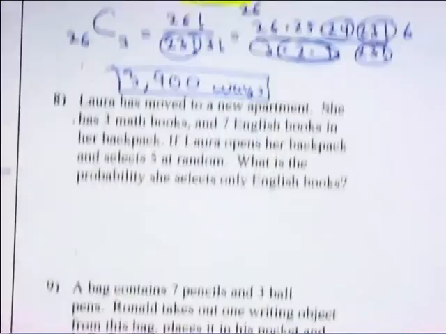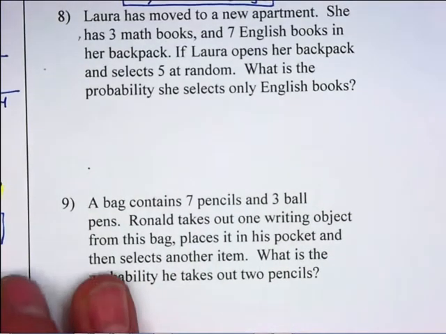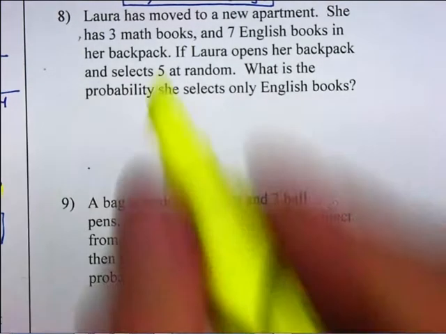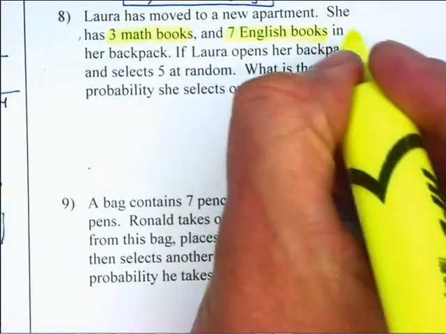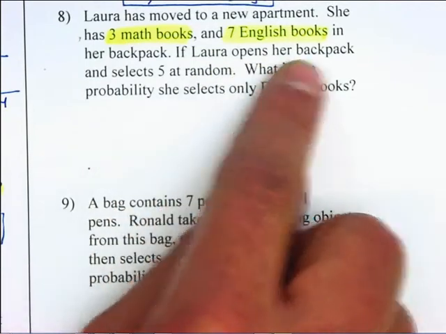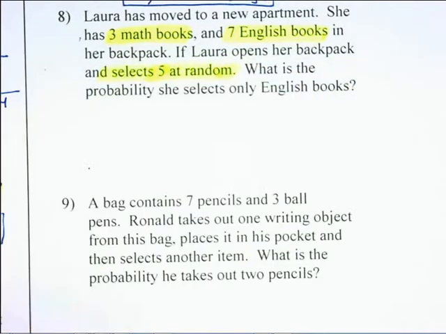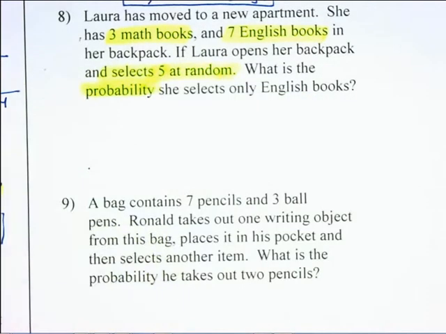Problem number 8, it says, Laura has moved to a new apartment. She has 3 math books, 7 English in her backpack. If Laura opens her backpack and selects 5 at random, what is the probability? Now remember, that's the word that you're looking for.